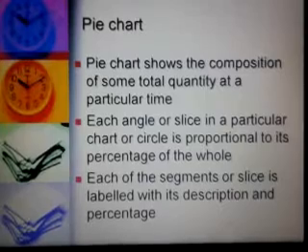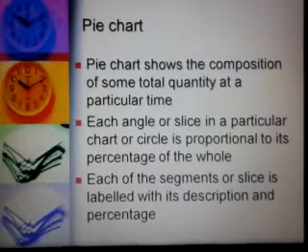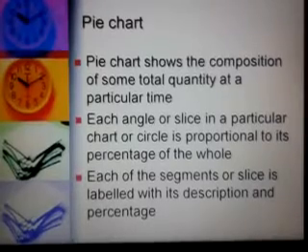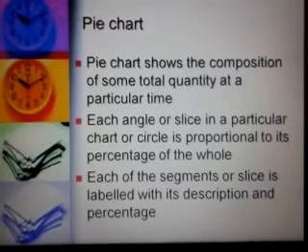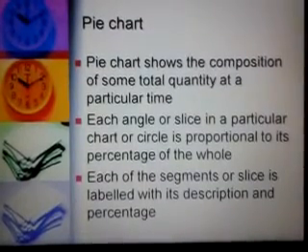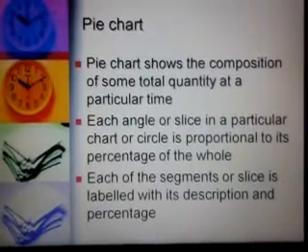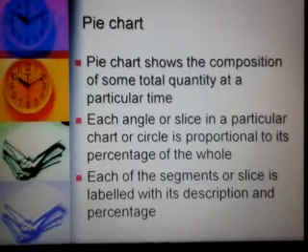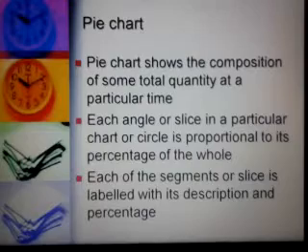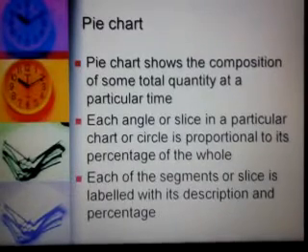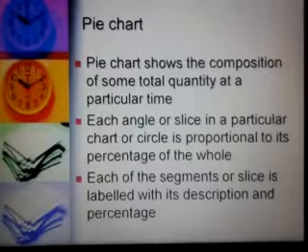Each of the segments or slices is labeled with its description and percentage. By seeing the percentages and descriptions along with the slices, we can understand, out of the total population, what is the composition and what is the proportion or share of each group or subgroup or segment.